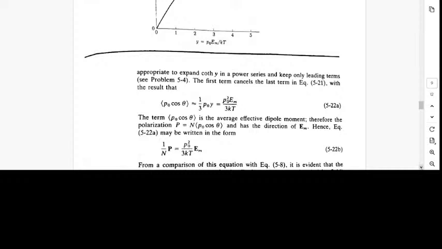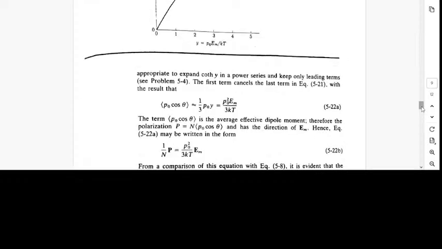It means if you increase the value of y, it becomes constant, and you expand this in a power series, just like we have a binomial expansion. Ignoring the higher terms, the leading term, the first term in equation 5.21, with the result that p naught cos theta is approximately equal to 1 over 3 p naught y.